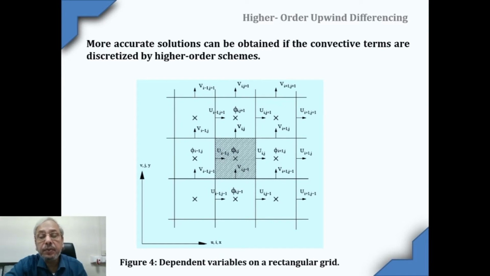Basically the velocity quantities are defined at the center of the cell faces to which they are normal, like you can see Uij, Vij, and the pressure and temperature are defined at the center of the cells.